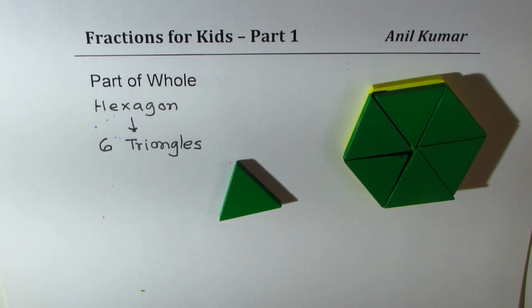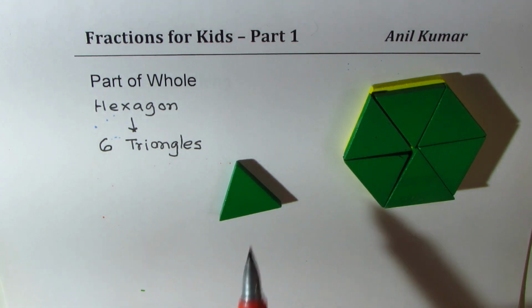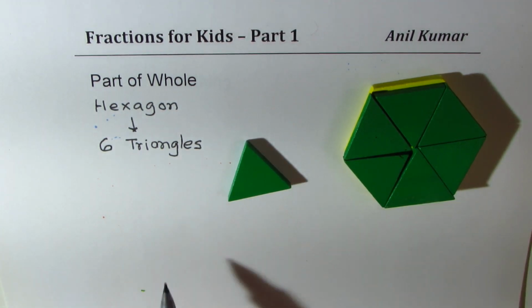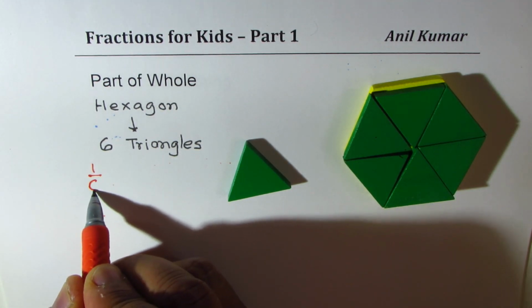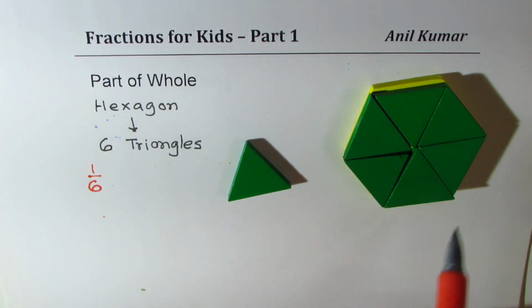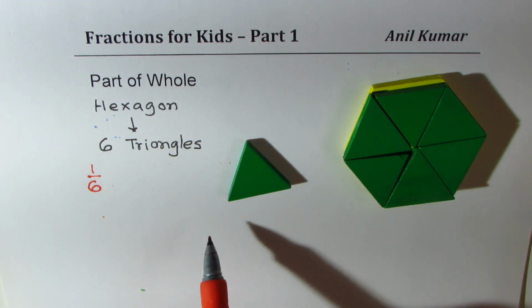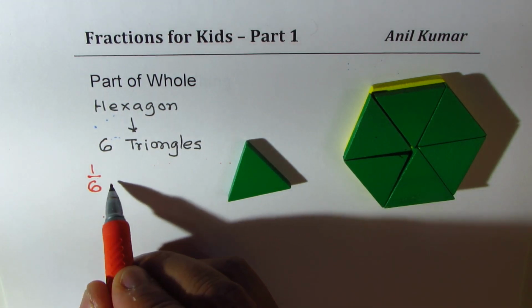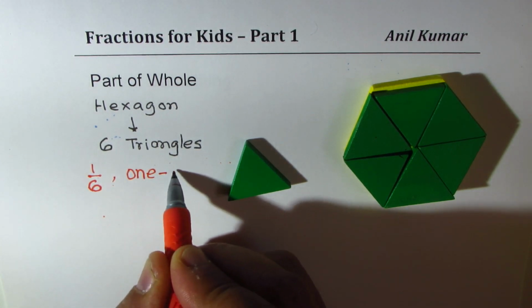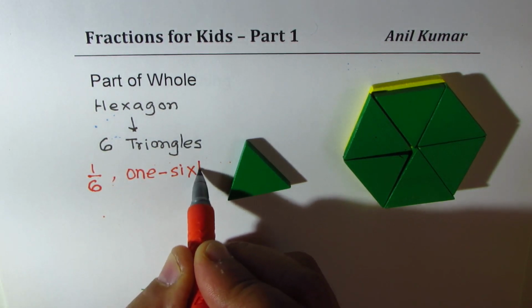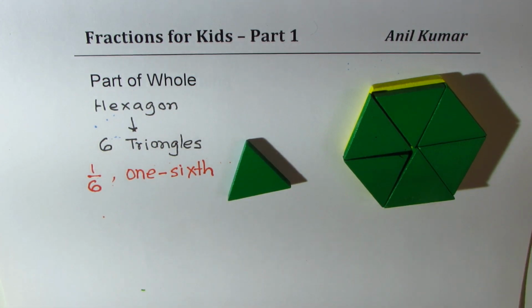So if I have to say, what is this one triangle equal to, how will I write this triangle in fraction? Well, it could be written as 1 out of 6, since I divided the whole into 6 equal parts, right? Or I could also say 1/6. Do you see that?